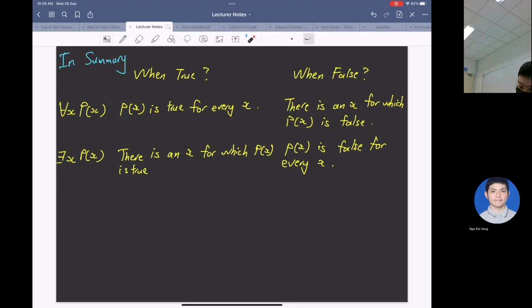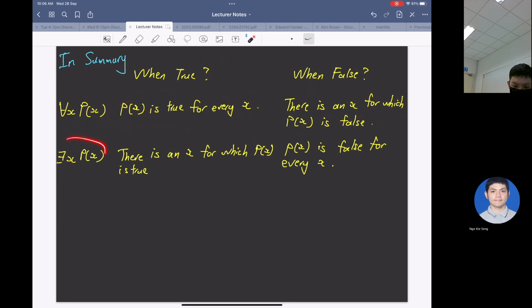But if you want to show that this statement is false, you just need to find one x such that P(x) is false. So for this kind of statement, to show it is false is very easy. Just find one x such that it is false. But to show that it is true, you need to check for all x.